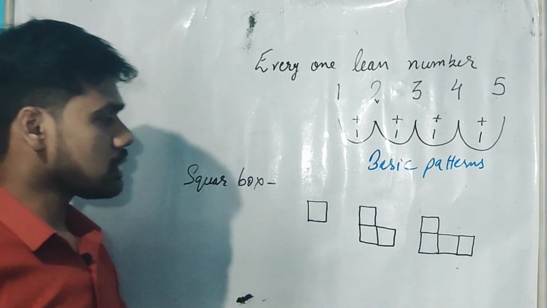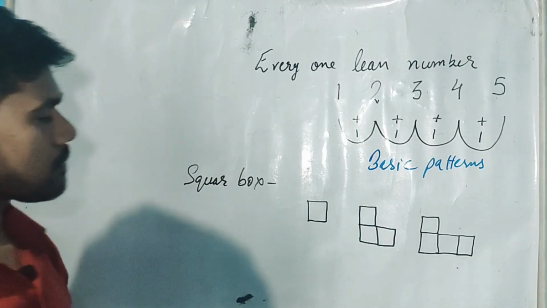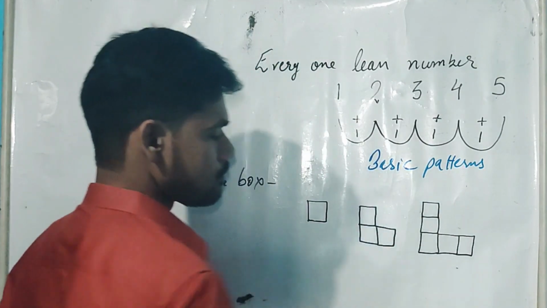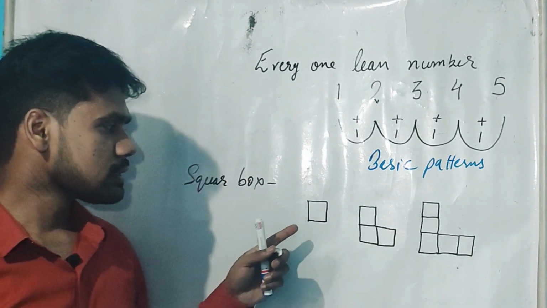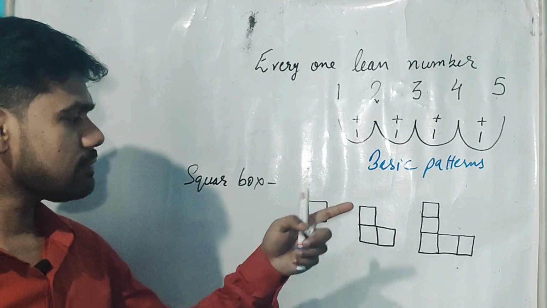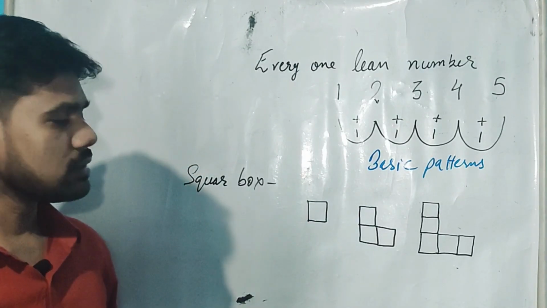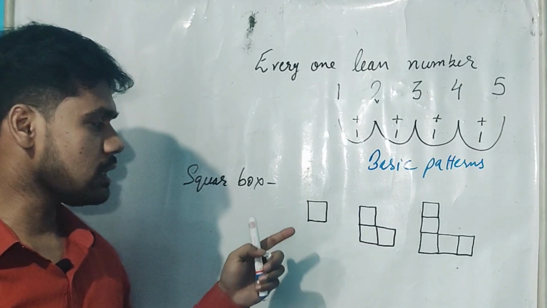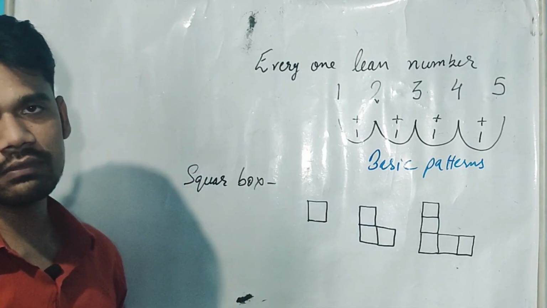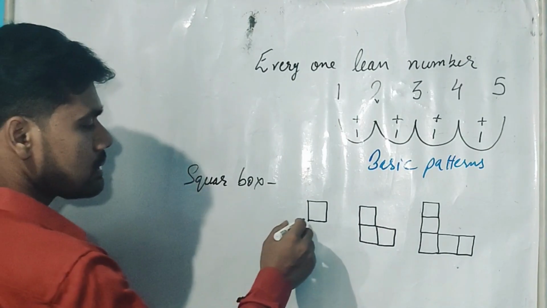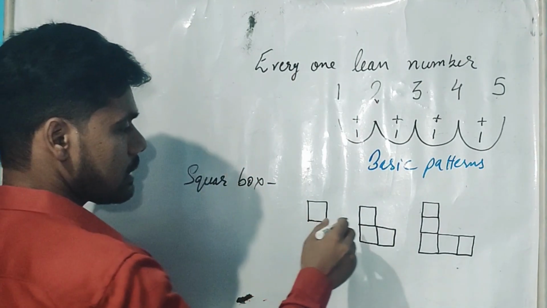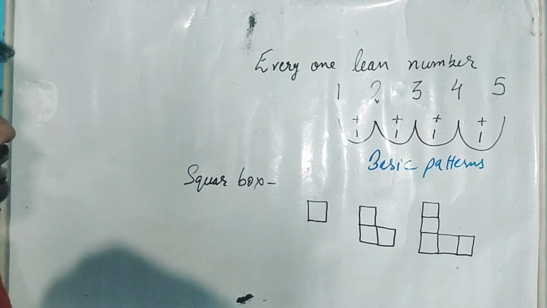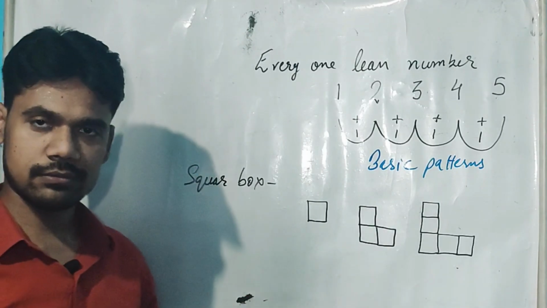This is another, 5 boxes. So if you see, here are 3 different patterns. Here is one square, here are three squares, and here are five squares. All these squares form a pattern.